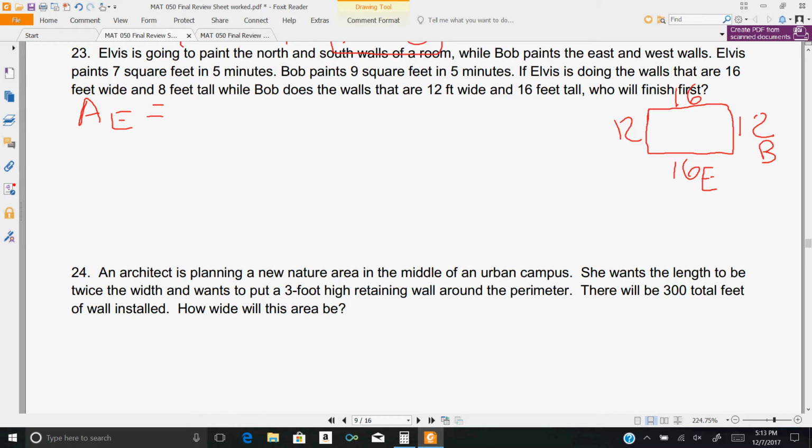And the width of his walls, he's doing 2 walls, so I'm going to multiply the area by 2. The width of the walls is 16 feet. And the height of the walls, I have to read the story to get the height, but the height of his walls is 8 feet tall. So to get the area, I take 16 times 8. And since he's doing 2 walls, I multiply it by 2.